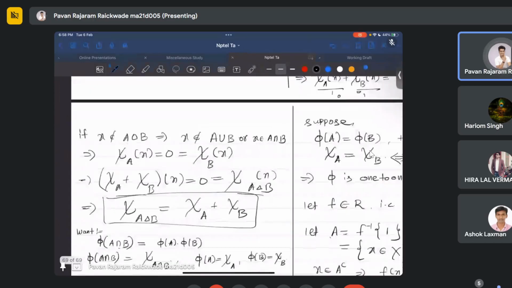In both cases, if x is not in A union B, then chi A is 0 and chi B is 0. If it is in both, then chi A is 1 and chi B is 1. When you add, we have 1 plus 1, but in Z2 this is again 0, which is the same as chi of the symmetric difference.